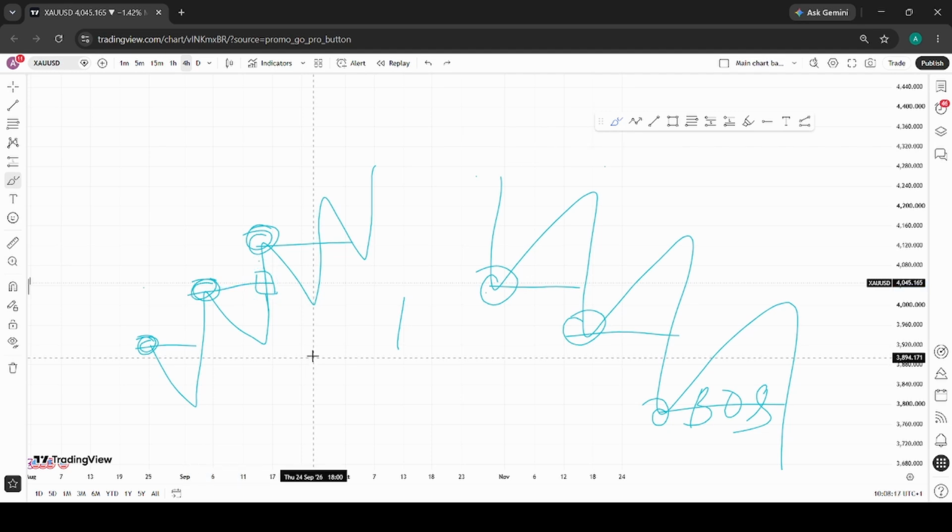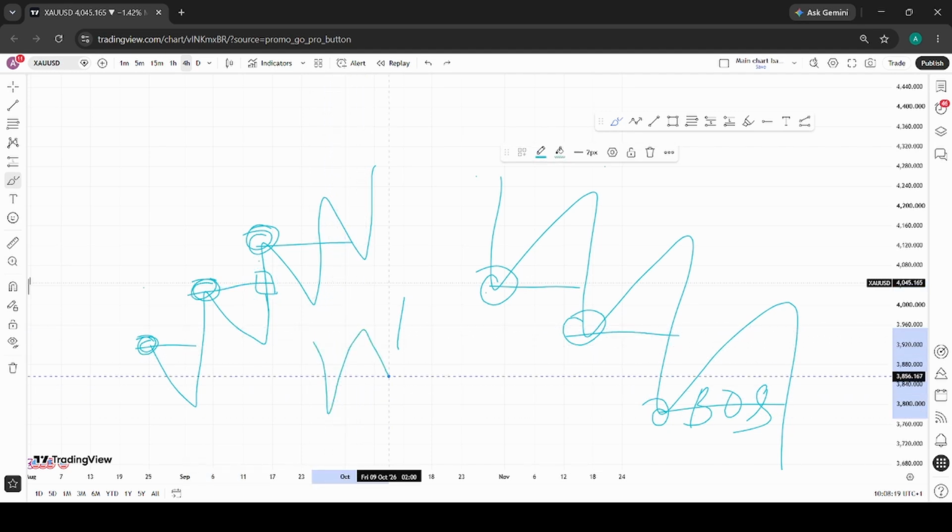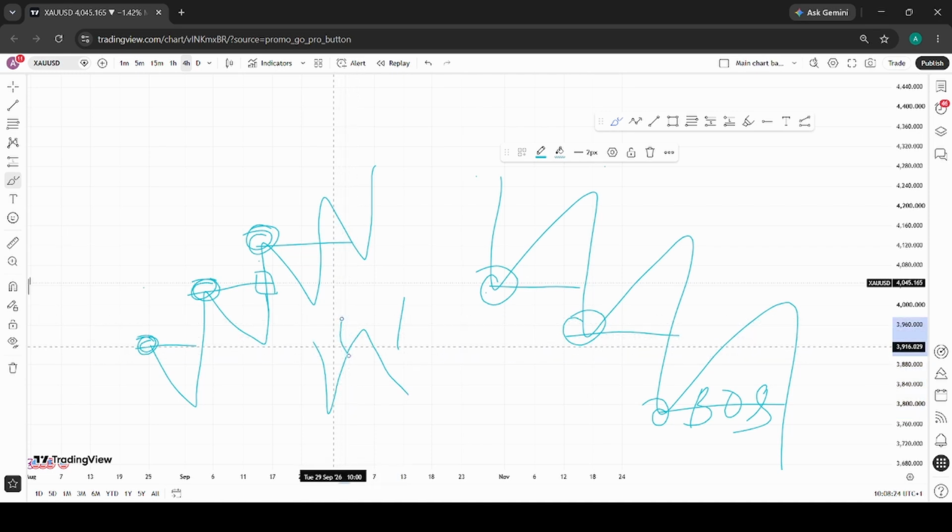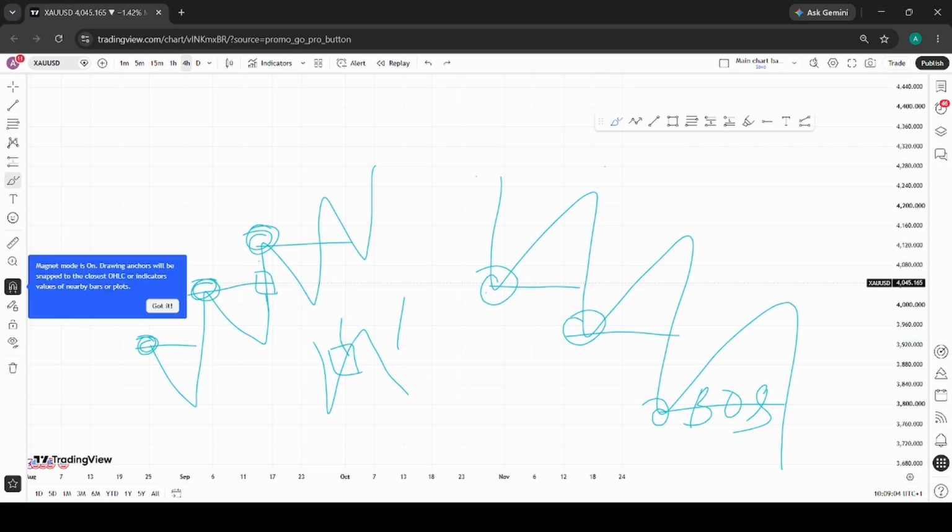And when you have something like this, where this is the body, this is an upper wick, this is a lower wick, this is not a valid break of structure to me. Although some people can call it a valid break of structure, it is not valid to me, because for a break of structure to be valid, the price must close with a body, not with a wick. Now you understand what break of structure is.